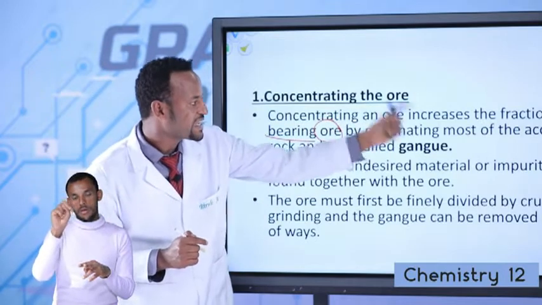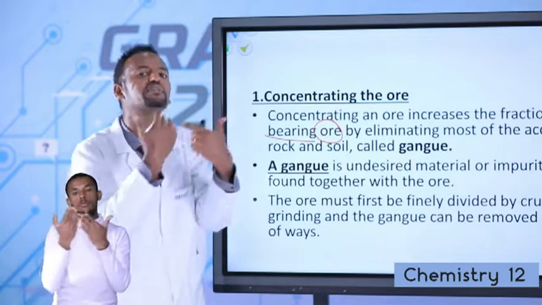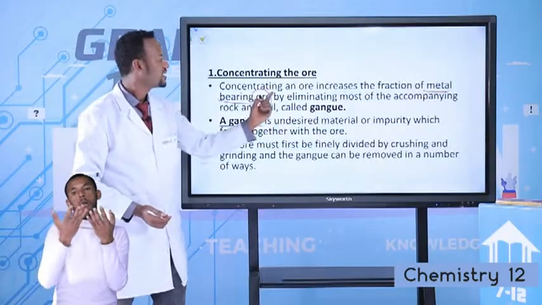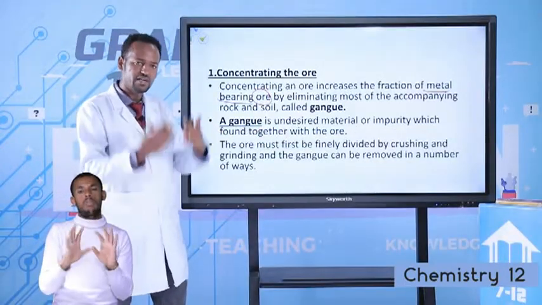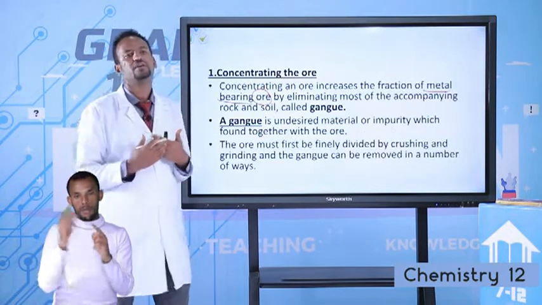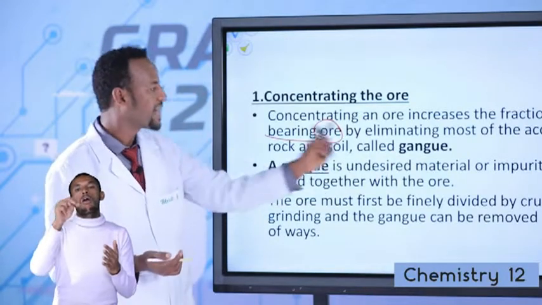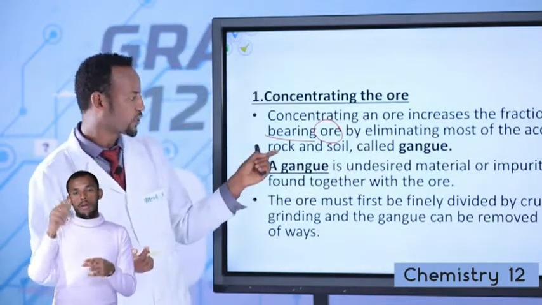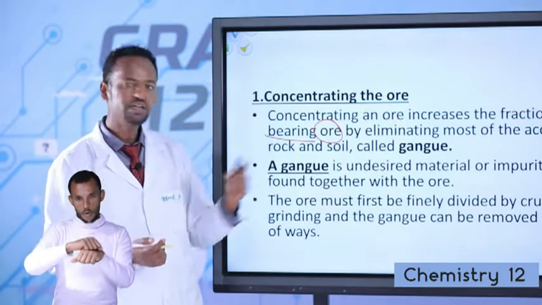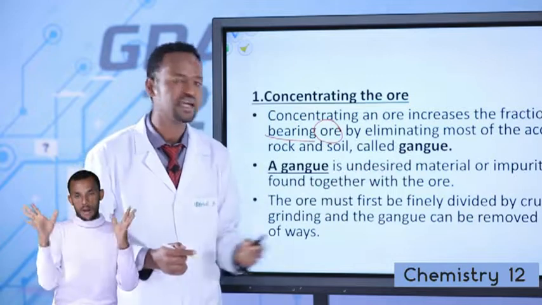Concentrating the ore increases the metal-containing fraction by removing some unwanted materials. This unwanted material, like soil, rock, and different types of undesired materials, is known as gangue.